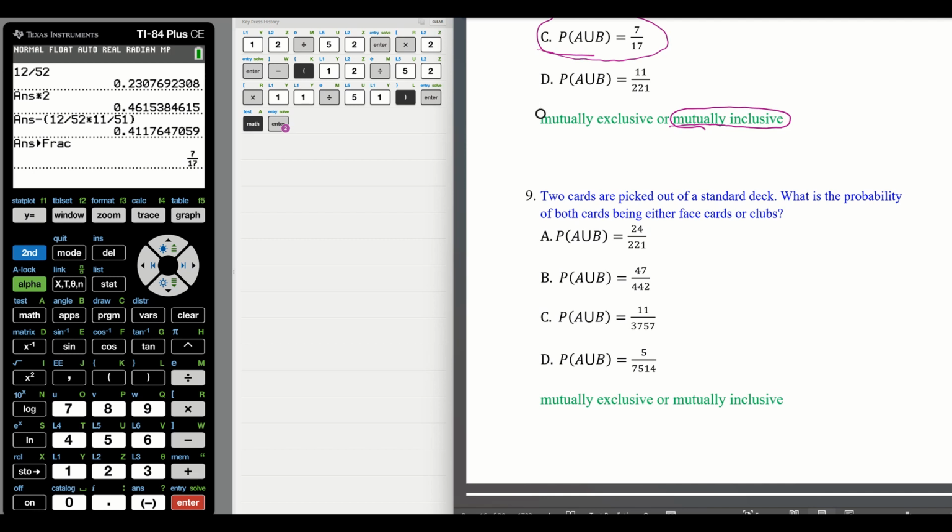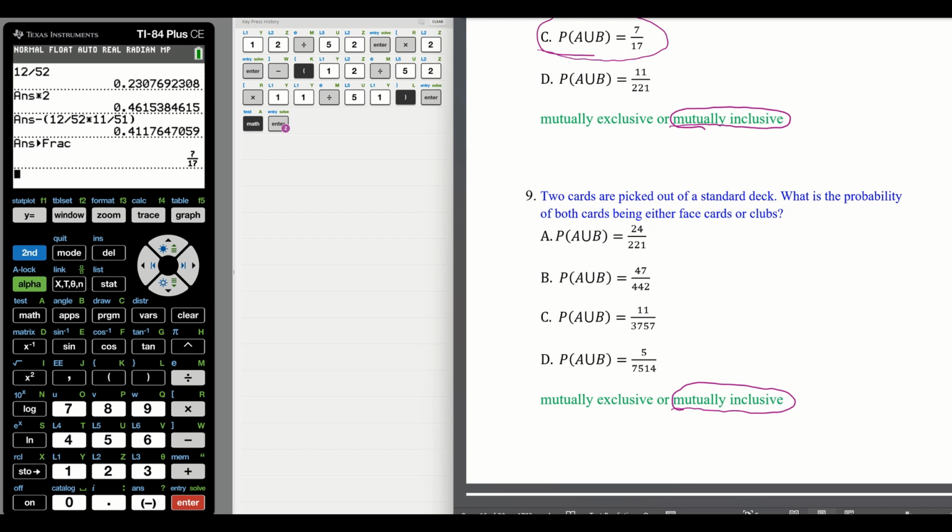So because we know a face card can be a club, that card in itself is a repetition that we have to subtract out because it is included. And that means we have a mutually inclusive problem.